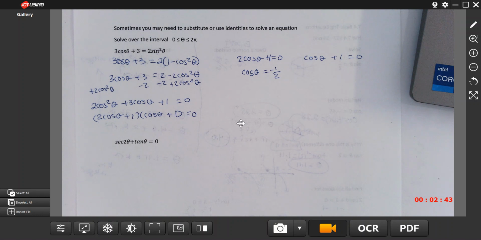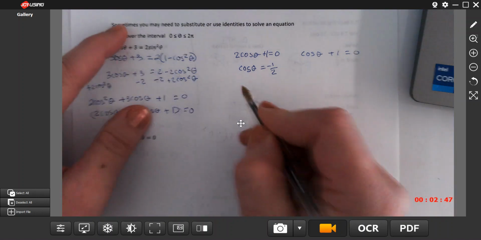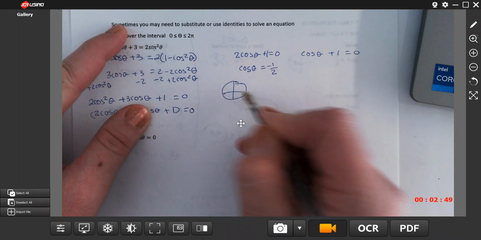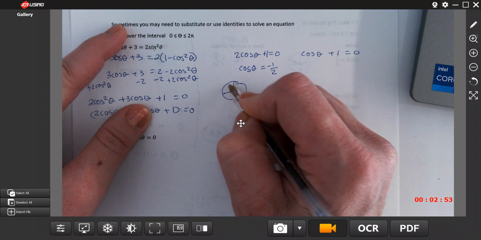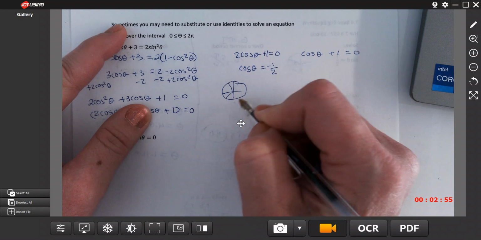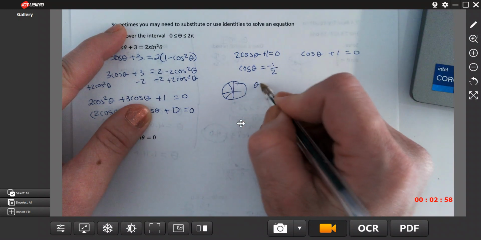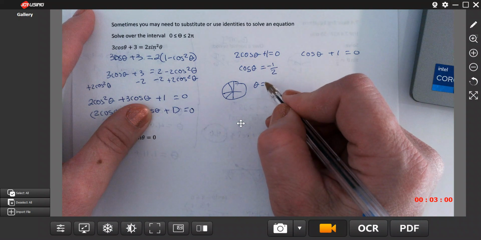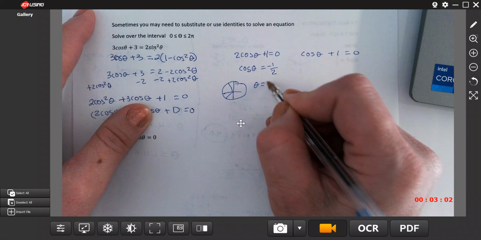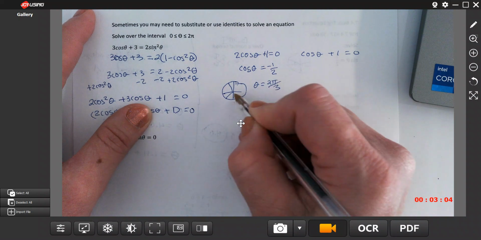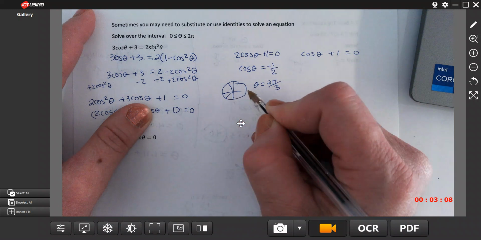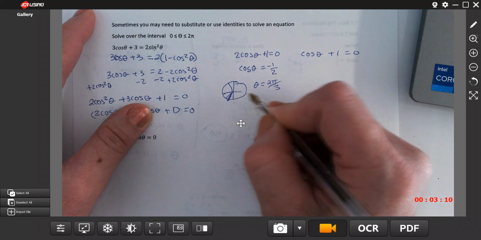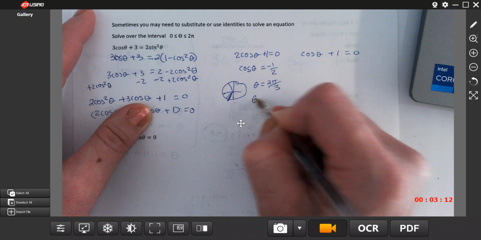Maybe not. So we've got to do it. So draw myself my little reference angle. So cosine is equal to negative 1/2 there and there. So my 2 answers for this one are 2 pi over 3 and 4 pi over 3.